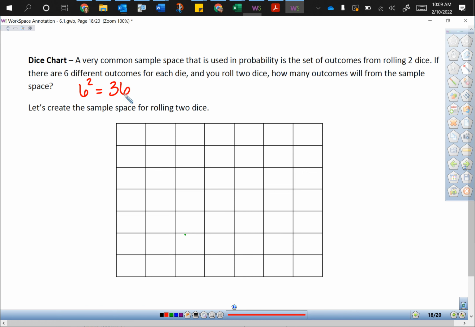Now what we're going to do is create the sample space, okay? Now, the first die that I'm going to roll, how many options do I have? 6, right? I'm going to be able to roll a 1, 2, 3, 4, 5, or 6. What about the second die? How many possibilities could that give me? 6. 1, 2, 3, 4, 5, or 6.